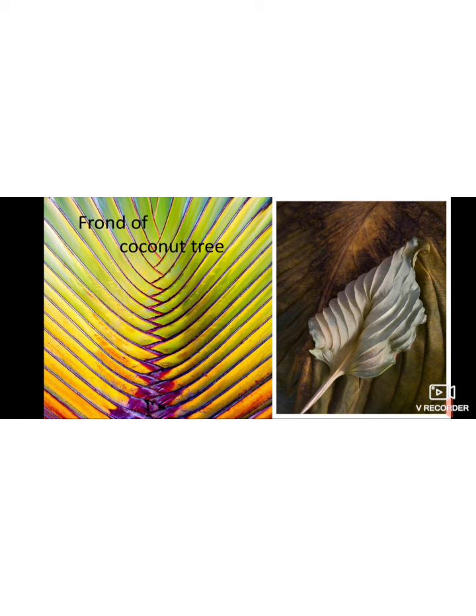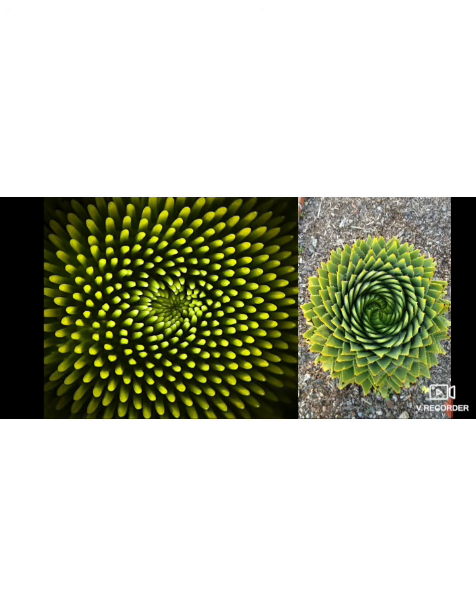And the distance between them, the measurement, is also so perfectly formed in nature. If you see the honeycomb, look at the hexagon shape. It's so beautifully arranged and it's a repetition. So, this is a pattern.